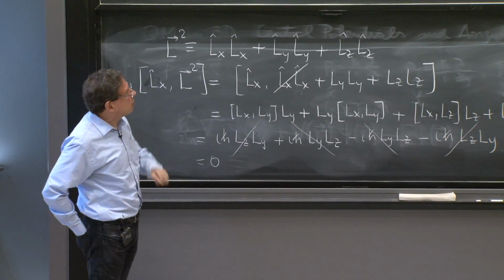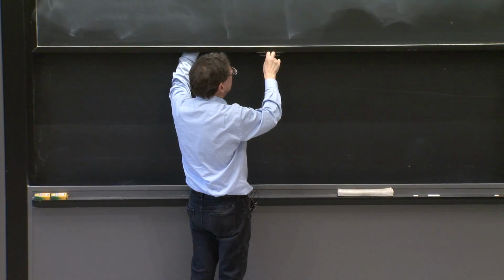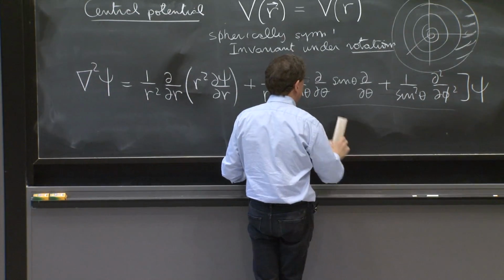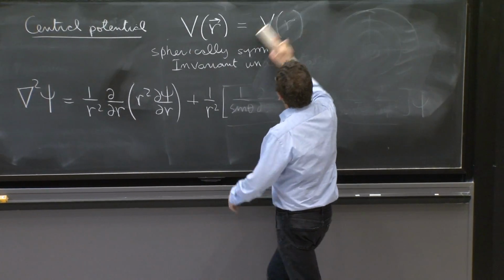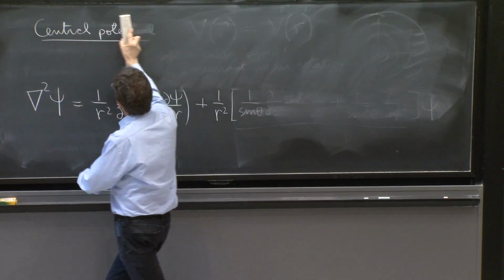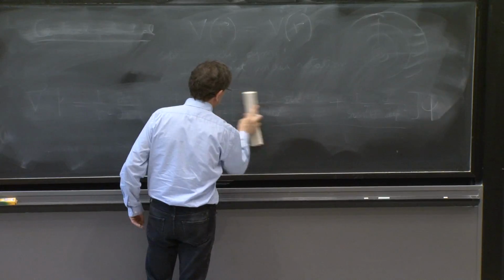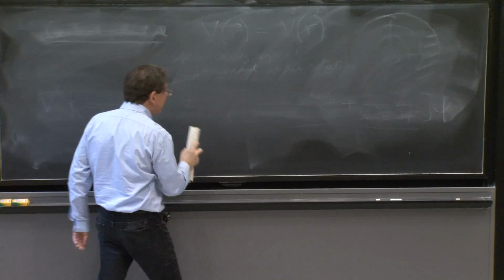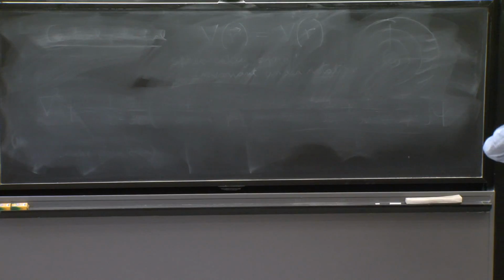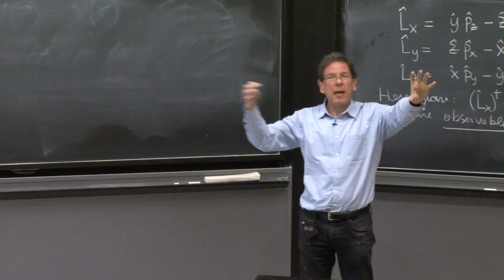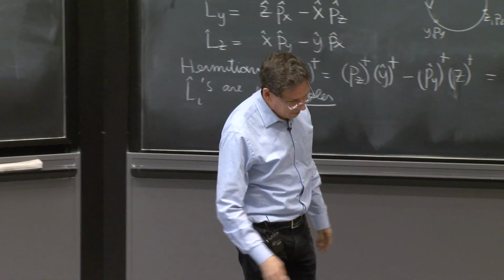In fact, it's a general theorem of linear algebra that we'll see a little bit of in this course, and you'll see more completely in 805, that if you have two Hermitian operators that commute, you can find simultaneous eigenstates of both operators. I mean eigenstates that are eigenstates of one and eigenstates of the second.